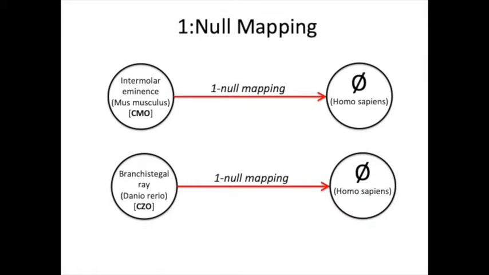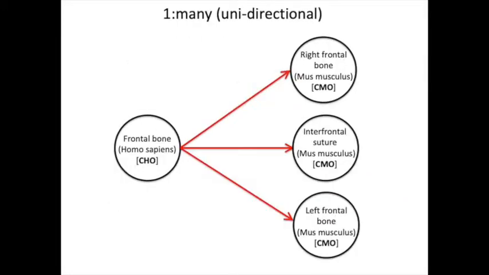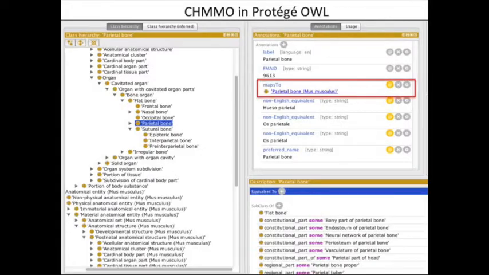There are also one-to-many mappings, where we have the frontal bone in the human, which is fused together, but the bones are not fused in the mouse, so the frontal bone in the human maps to three different structures in the mouse. Here's an example of representing the human-mouse mapping ontology in Protege. On the left we have the parietal bone in the human, and that maps to the parietal bone in the Mus musculus on the upper right there.